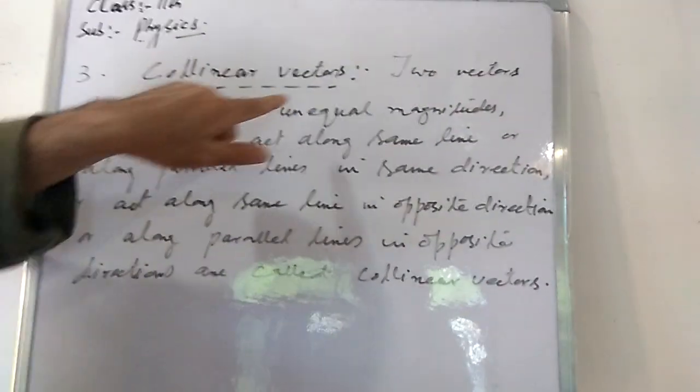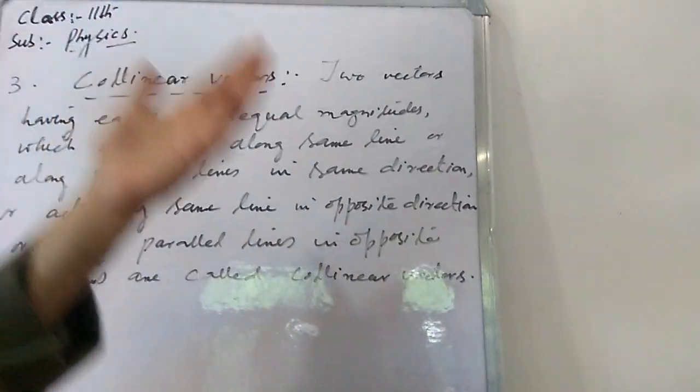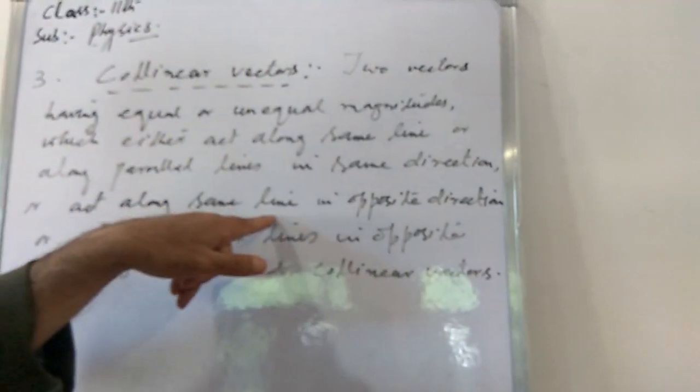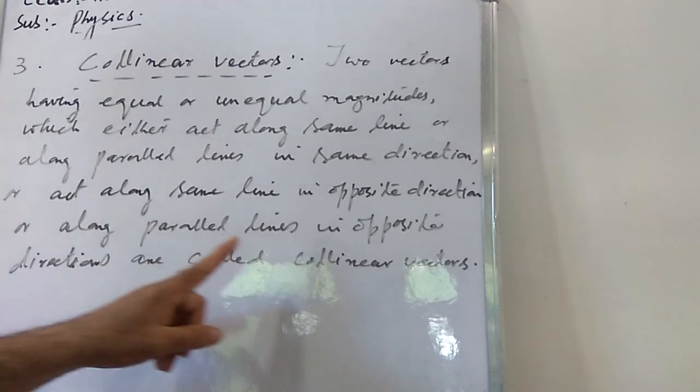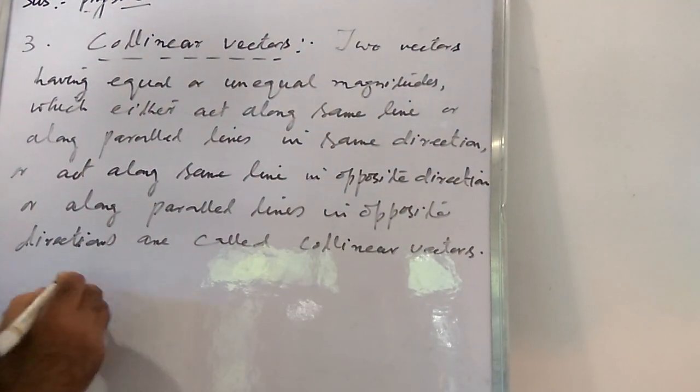Collinear vectors are two vectors having either equal magnitude or unequal magnitudes. They either act along the same line or along the parallel line in the same direction, or they act along the same line in opposite directions or along the parallel lines in the opposite directions are called collinear vectors. Look here, I will write here.